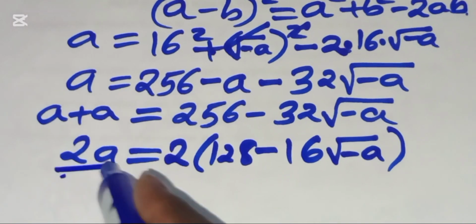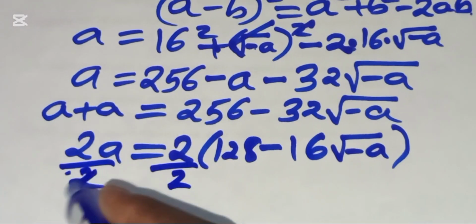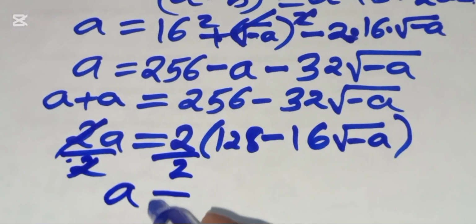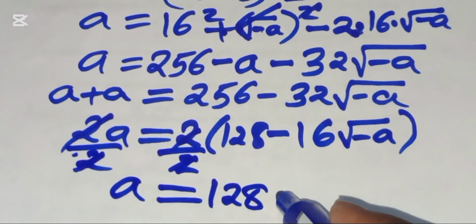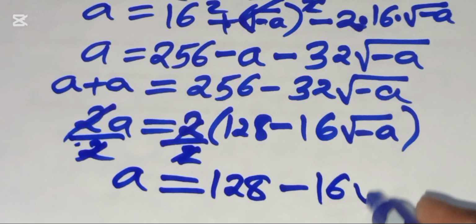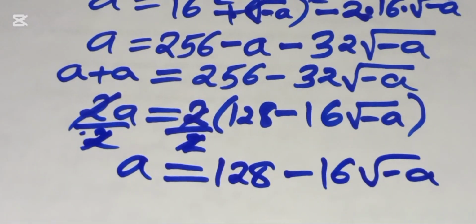Now we divide both sides by 2 so that a will be equal to 128 subtract 16 square root of negative a.